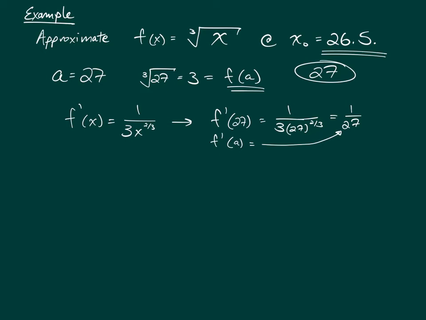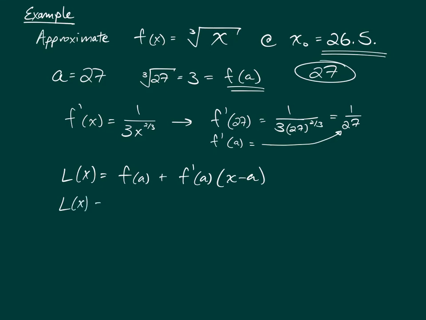All right, so now we have all of the information we need for linearization. So check this out. We have L of x equals, remember the formula is f of a plus f prime of a times x minus a. And we just set up this function.